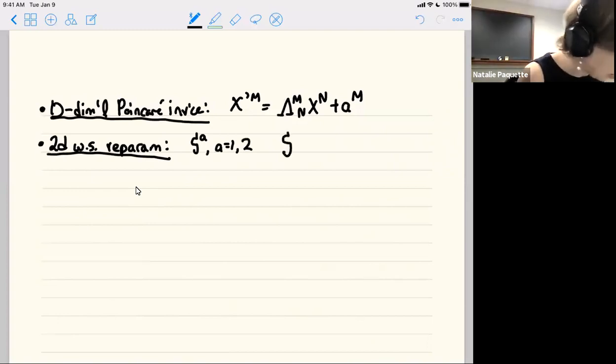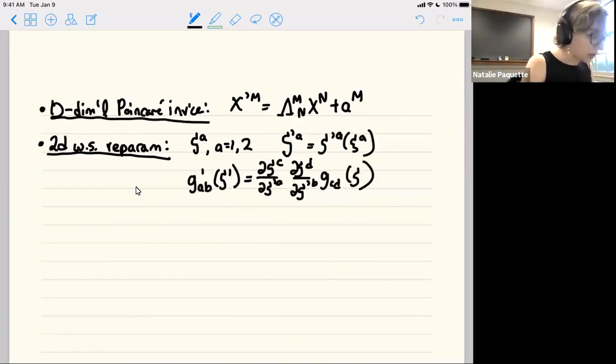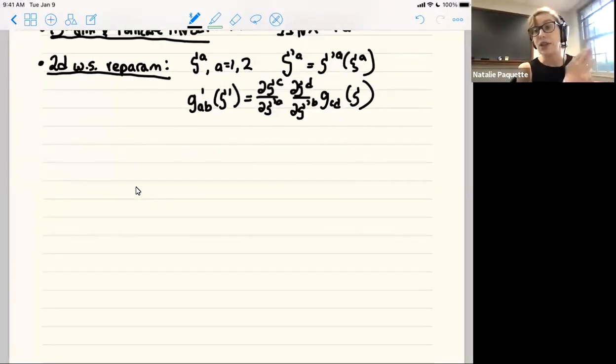So I have some reparameterization, zeta prime, which is a function of the original zetas. The embedding scalars are invariant, but G, the auxiliary metric, transforms as a 2-index tensor. I'll write it down, but you all know how a 2-index tensor transforms, again, exactly in the way you expect. So this is a local symmetry, and we're going to need to gauge fix it when we want to quantize this.